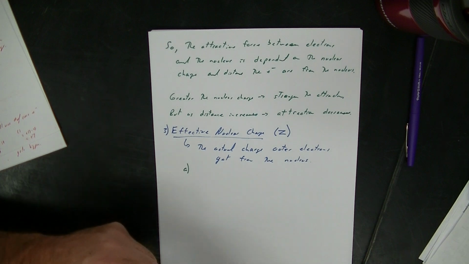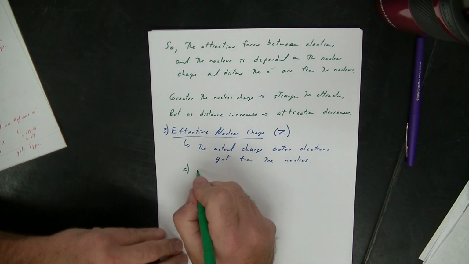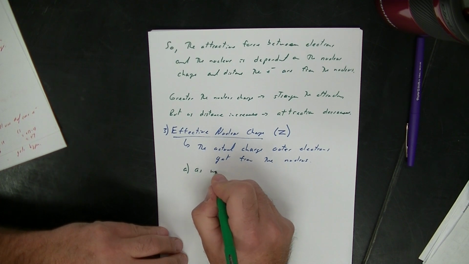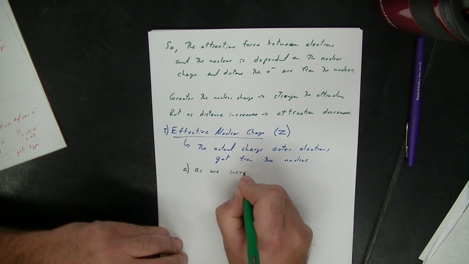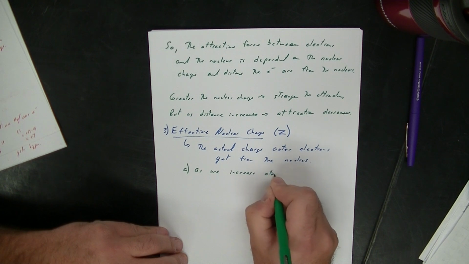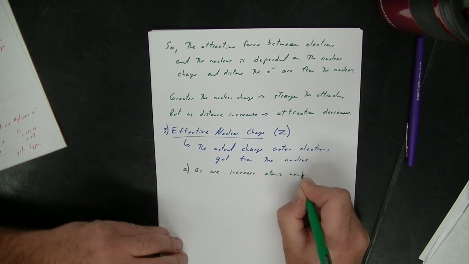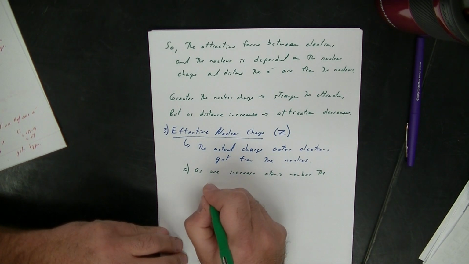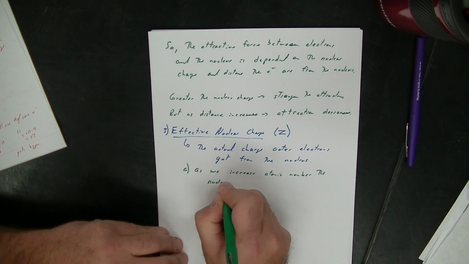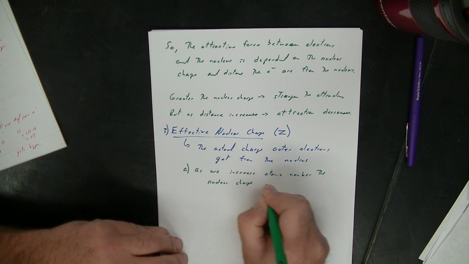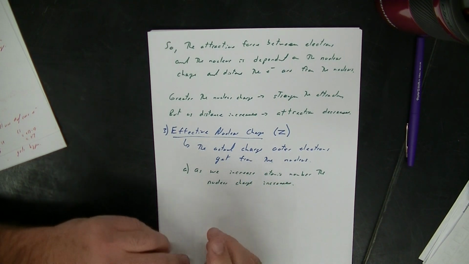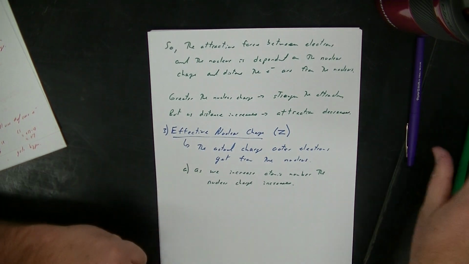Let's see if I can define this for you. First of all, as we increase atomic number, the nuclear charge increases. Remember, nuclear charge is really just the number of protons in the nucleus.